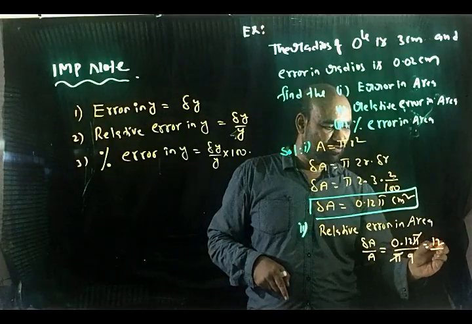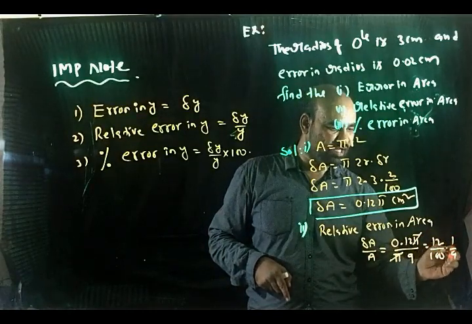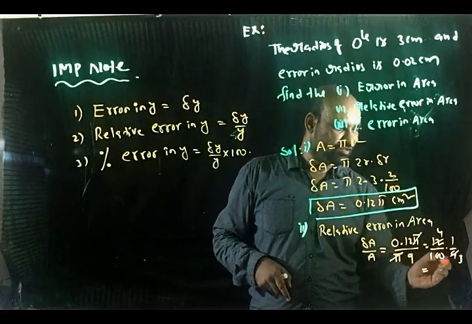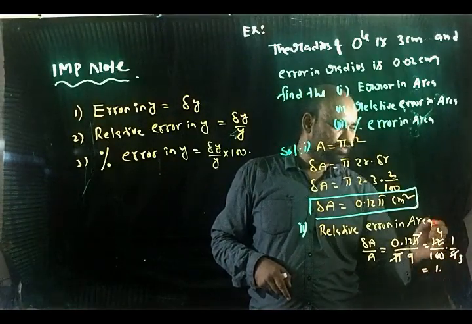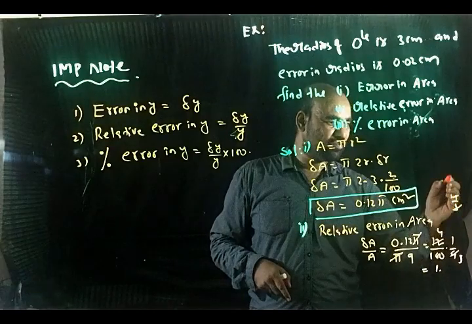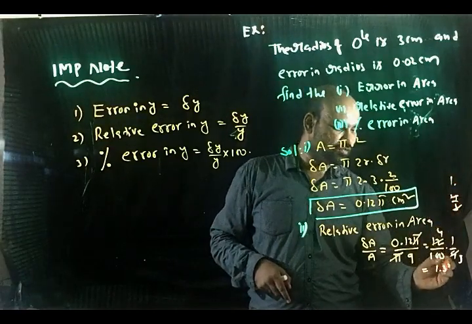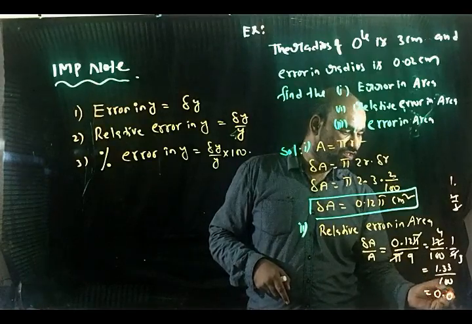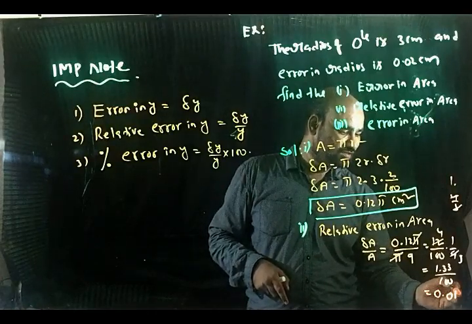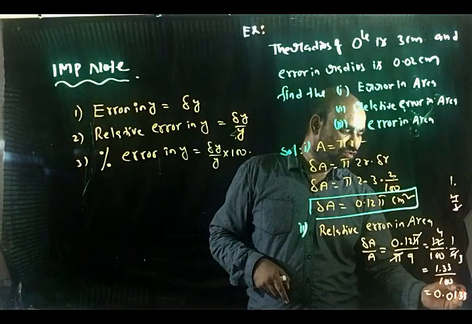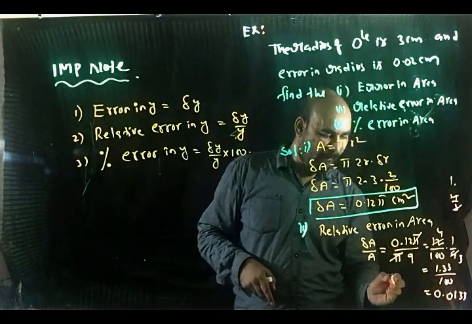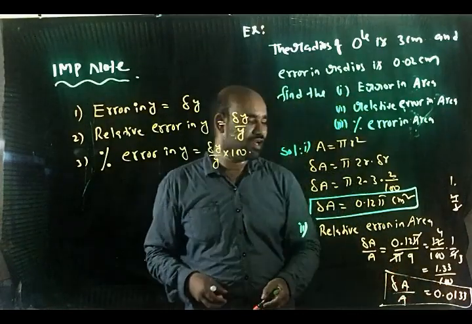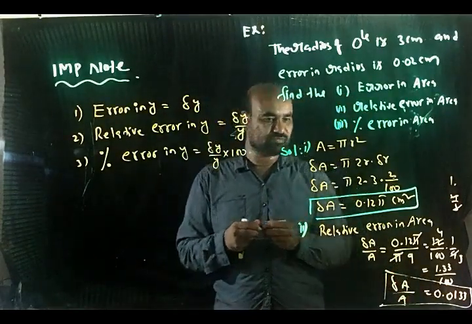This is 12 by 100 into 1 by 9. 3 threes are 9, 3 fours are 12. So 4 by 3 by 100. So that is equal to 0.0133. So this is the relative error in area.